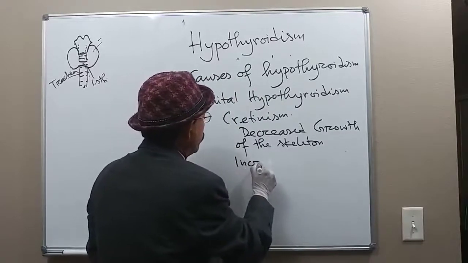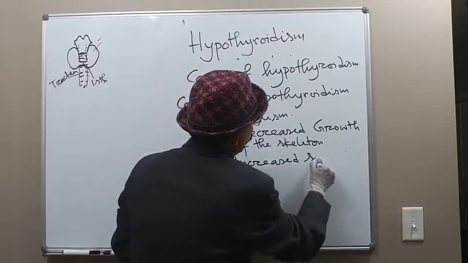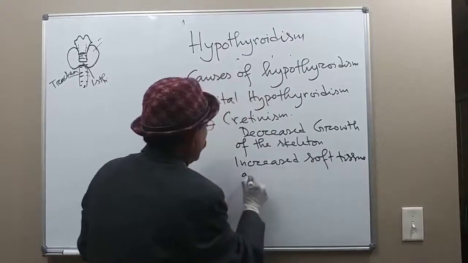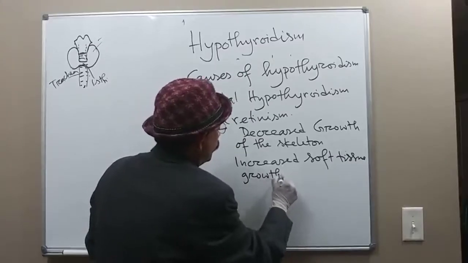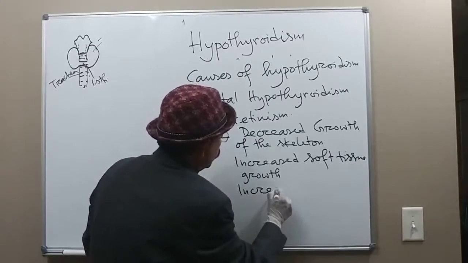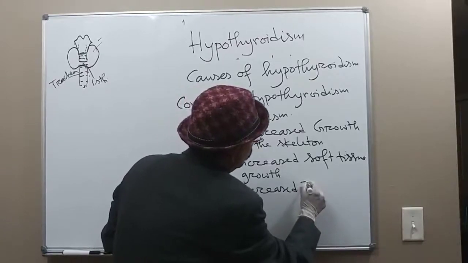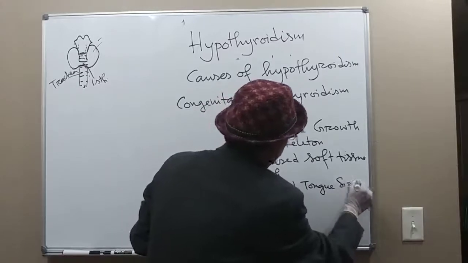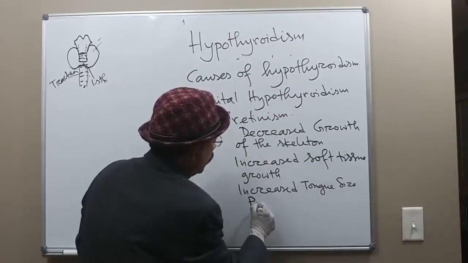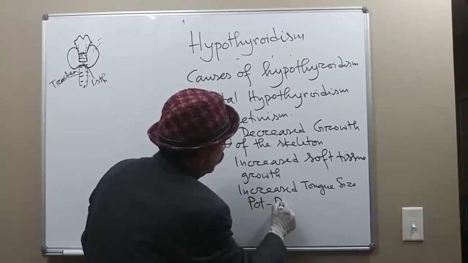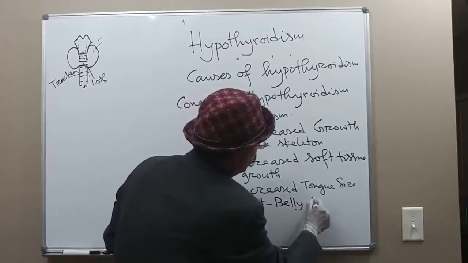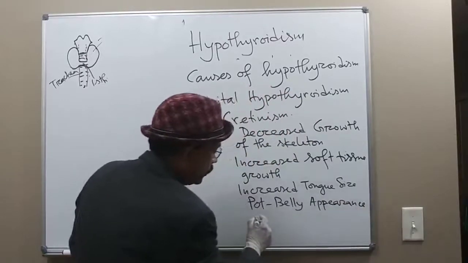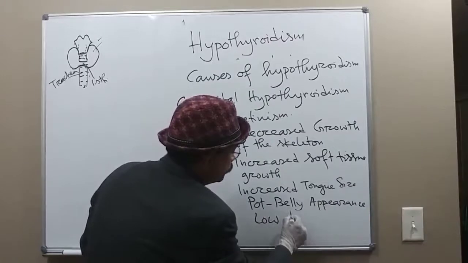Increased soft tissue growth, increased tongue size. Okay, pot belly, the abdomen has a pot belly appearance, and low IQ.